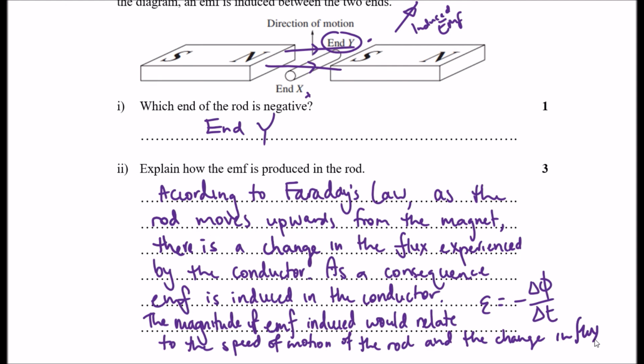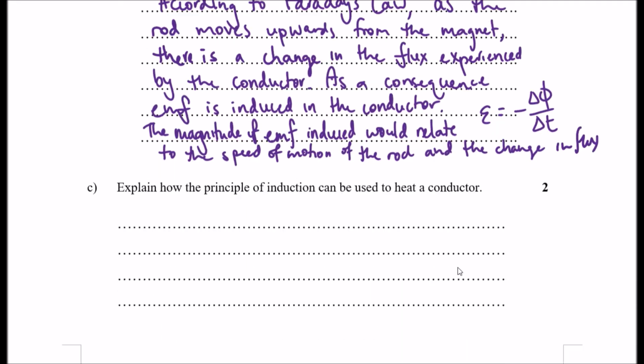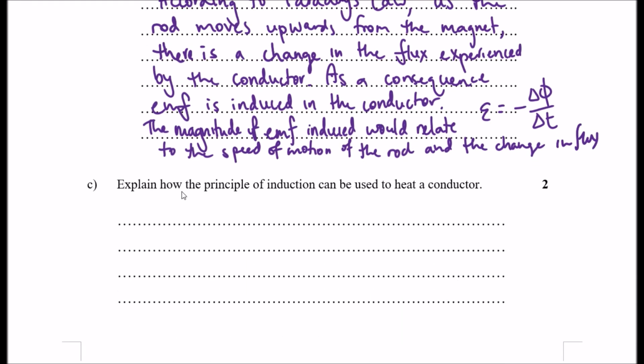Okay, so off to the next question, and it says explain how the principle of induction can be used to heat a conductor. Okay, this one is an interesting one here. So if we induce EMF, that would create a current, and obviously as an electric current goes through a conductor, there is some kind of resistance.